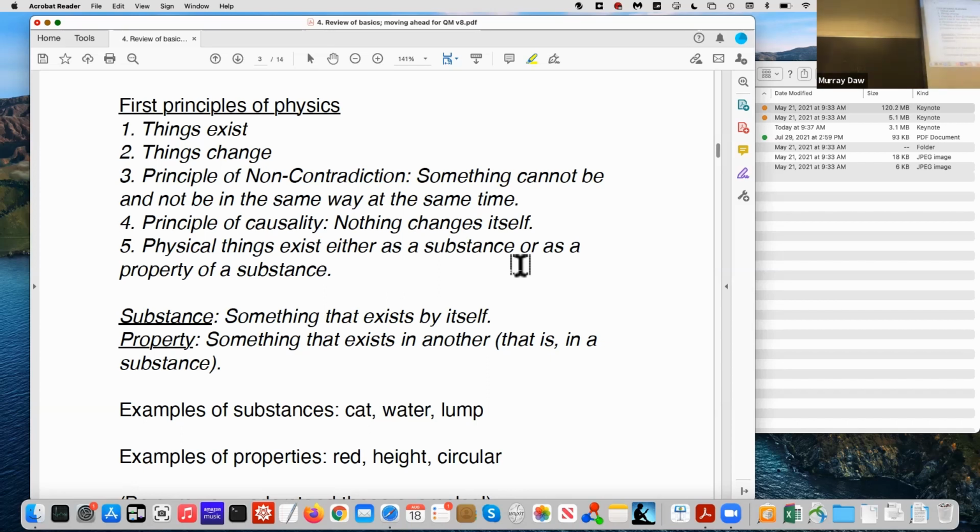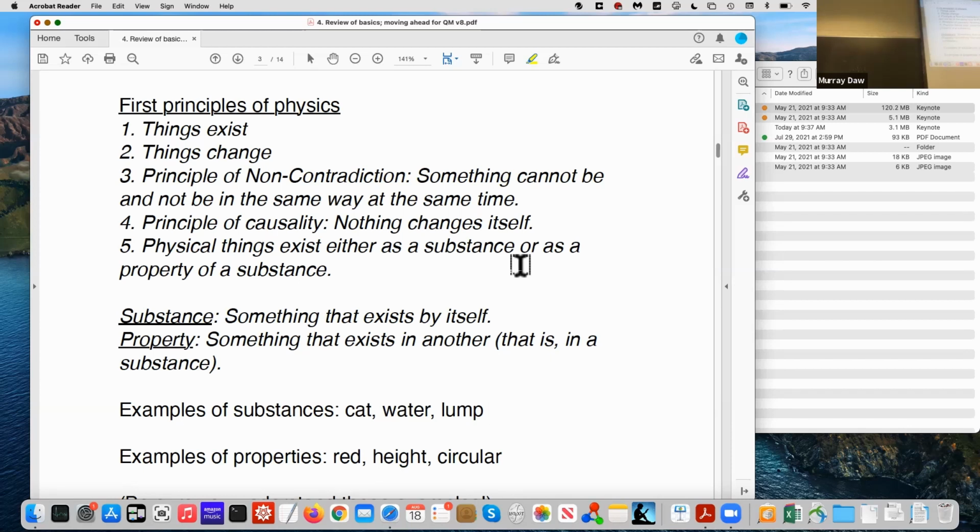These are just statements of things you know, but probably have never heard them stated clearly. But I can't prove them to you except by just, you've got to live in the world for a while and you'll know this stuff. But we've got to start somewhere, and so that's what we start with. The very first principle is that things exist. I can't prove it to you.